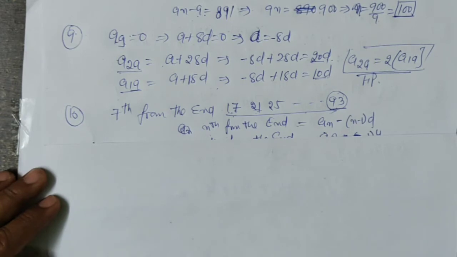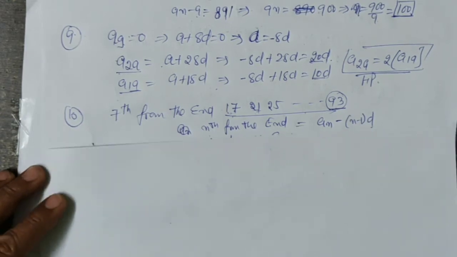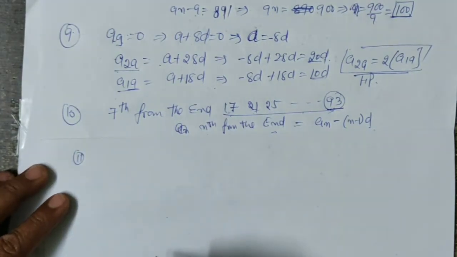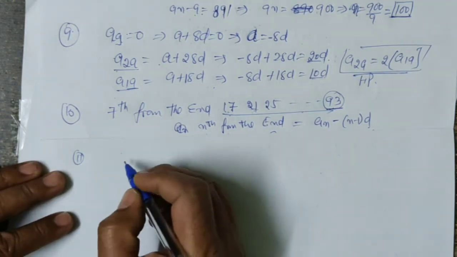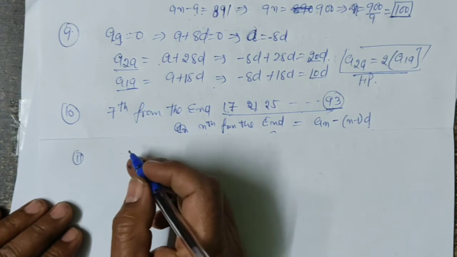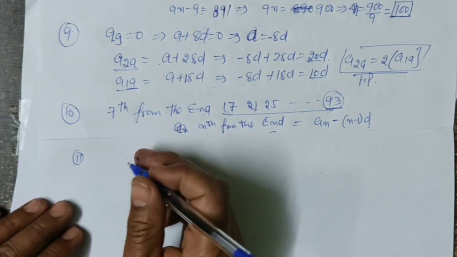Okay. Now the question number is 11. In this question, find the sum of all natural numbers between 250 and 1000 which are divisible by 3.